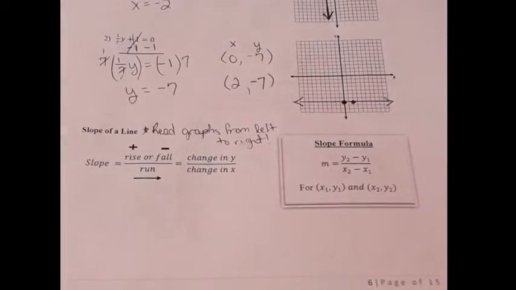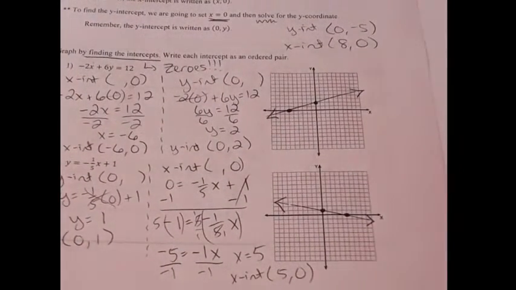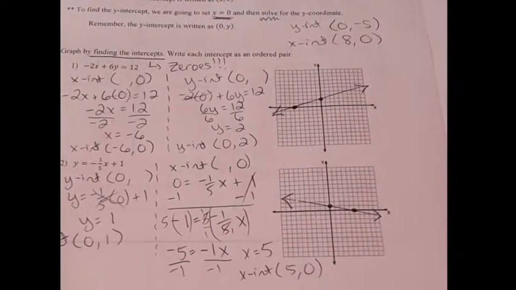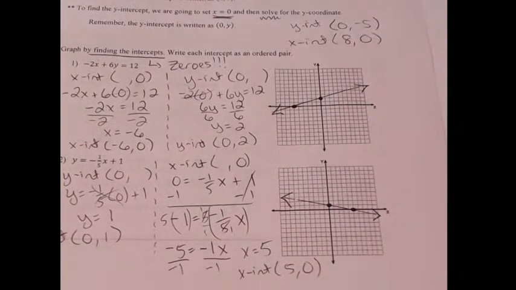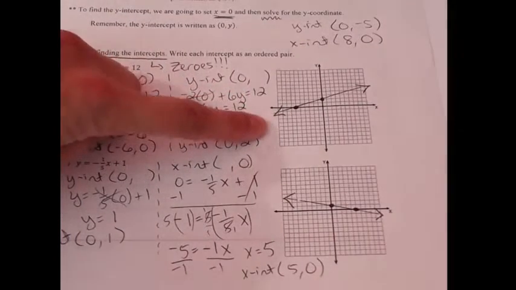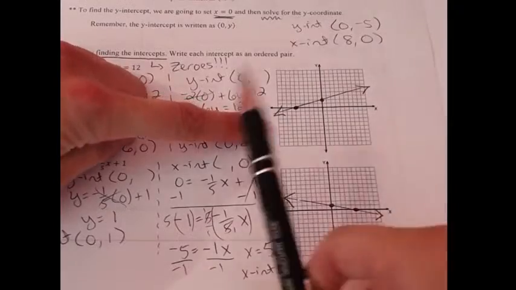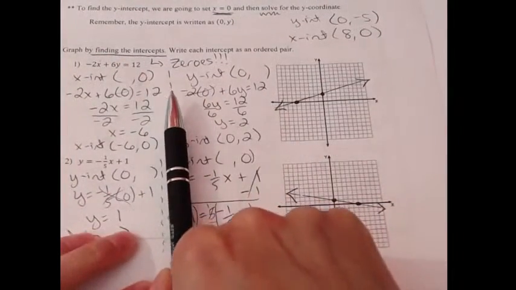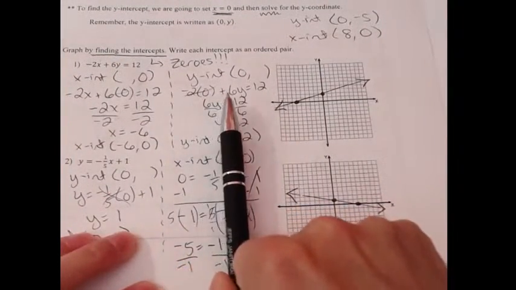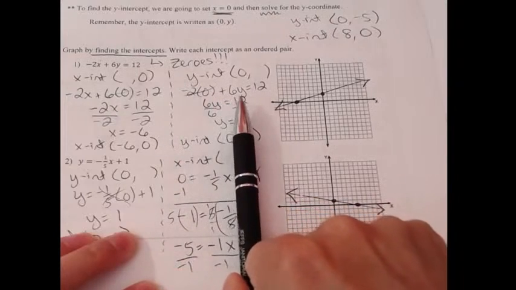But before we begin, I want to take a sneak peek at our previous graph. So these are on a previous page. We were graphing by finding the intercepts, and we had these lines. So what I'd like to do for a moment is show you how to read this graph. For instance, number 1 has this particular graph where if we approach the graph from the left, we move to the right.